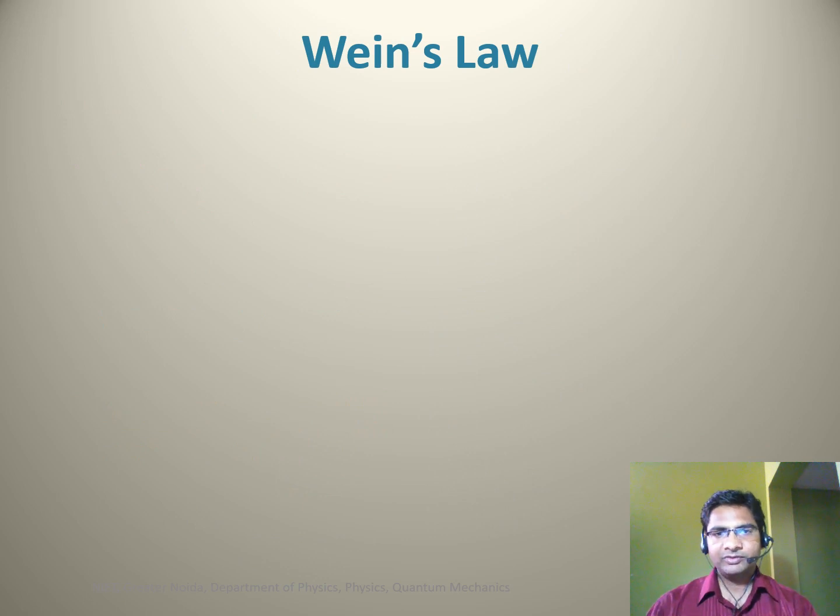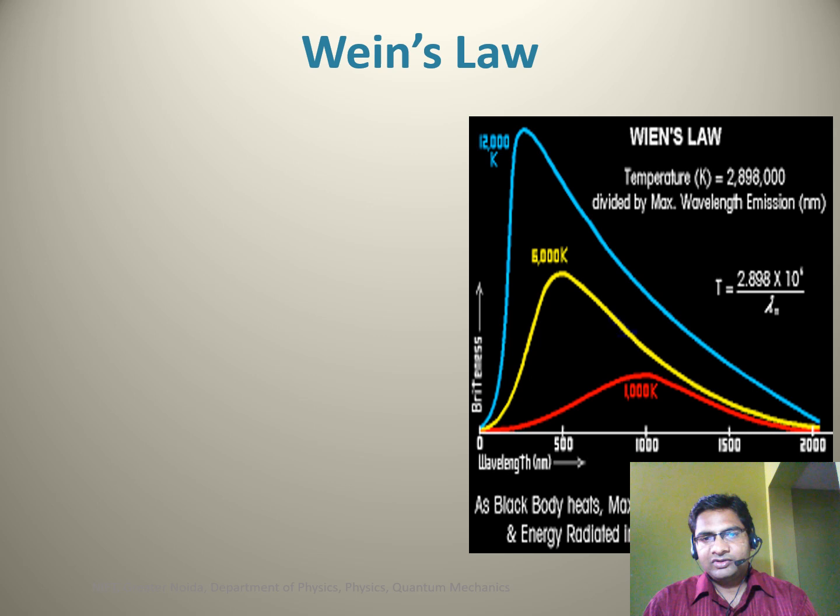So we have just studied the characteristics of the blackbody radiation spectrum, and in that study we have found that as the temperature increases, the wavelength corresponding to the maximum value of intensity decreases. This means the wavelength is inversely proportional to the temperature.